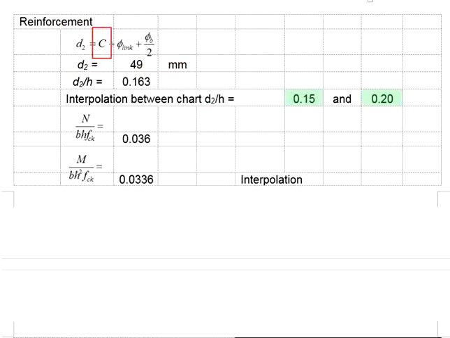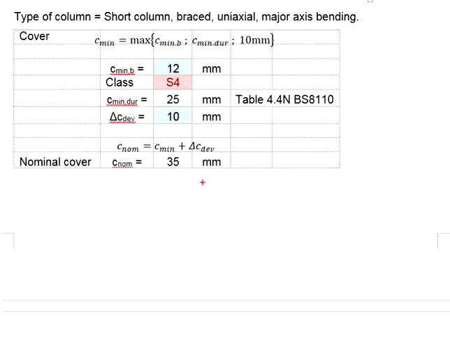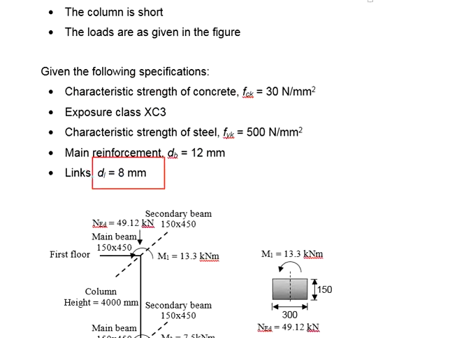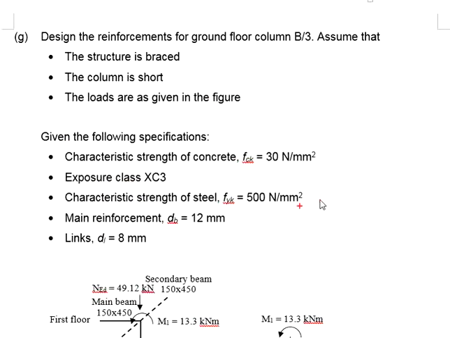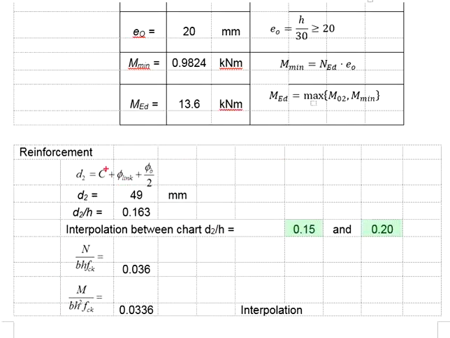The concrete cover was calculated equals to 35 mm, shear link 8 mm, bar size 12 mm. That gives you d2 equals to 35 plus 8 plus 12 divided by 2. Your d2 equals to 49 mm.